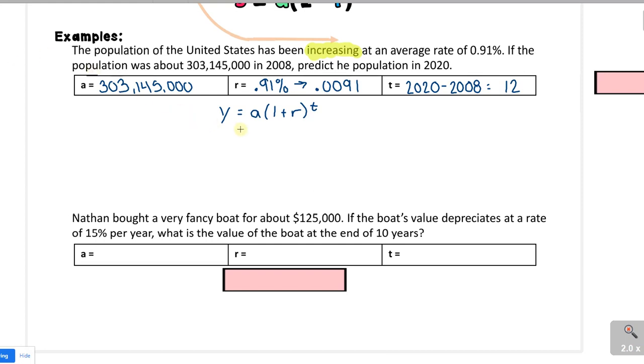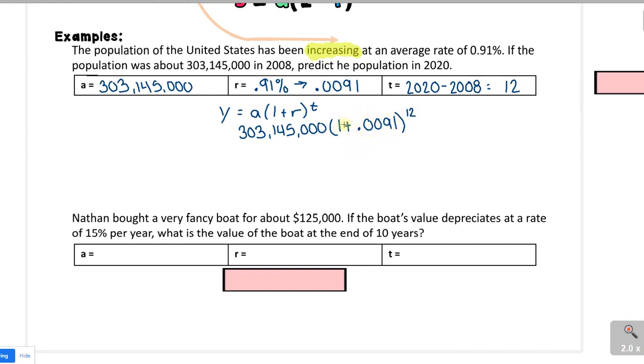Now substitute our values in. Substitute your a in. Then we have 1 plus our r. And our r is 0.0091, raised to the t, which is 12. Now simplify inside your parentheses.